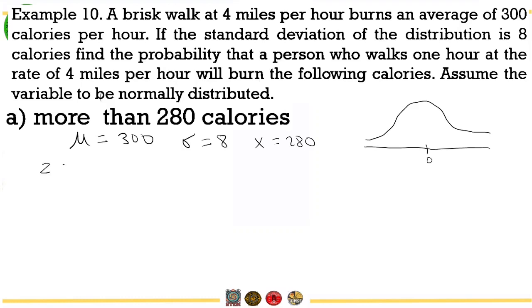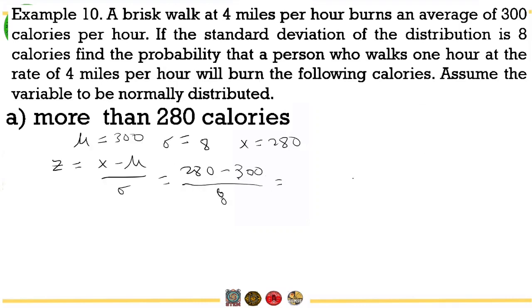So z is equal to x minus mu over standard deviation. So x is 280 minus 300 over 8, negative 2.5. If we're going to illustrate this, negative 2.5, so that we can have an idea.